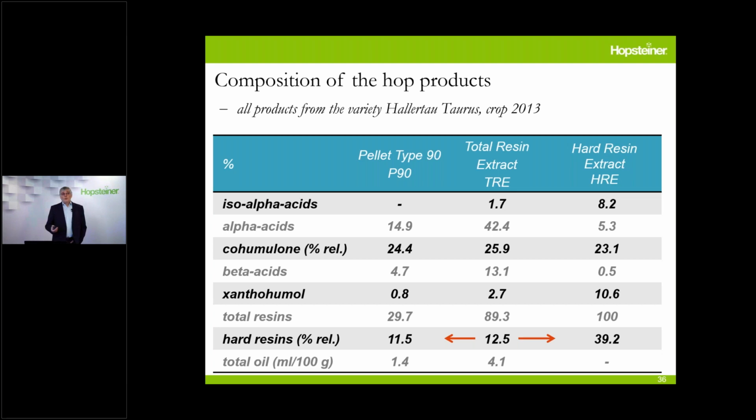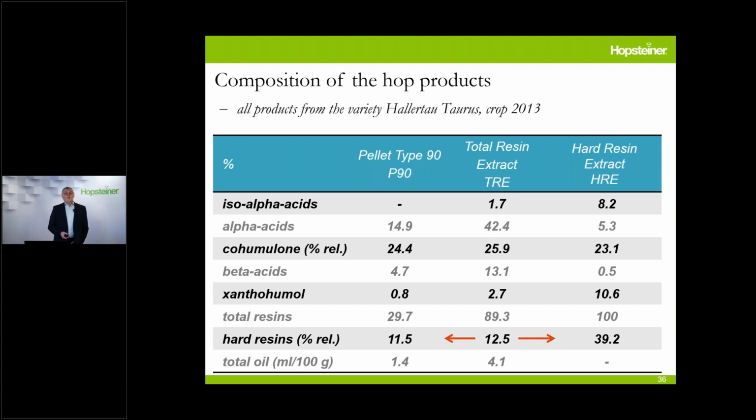You have also some residual alpha acids in the hard resin extract. You see the cohumulone does not show any shift. Beta acids are very low in the hard resin extract. Xanthohumol is enriched in the hard resin extract considerably, and the total resin content is given here, whereas the bitter variety Taurus shows about 30% total resins. The total resin extract shows about 90% total resins, and the hard resin extract only shows a low total resin content.